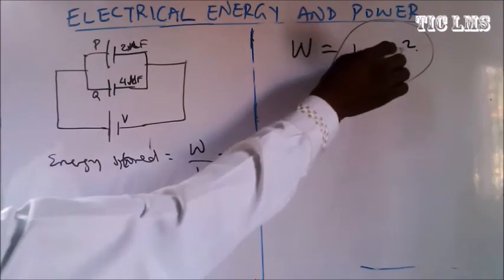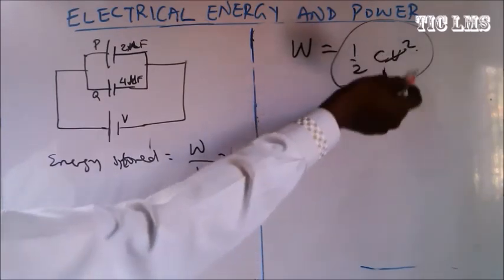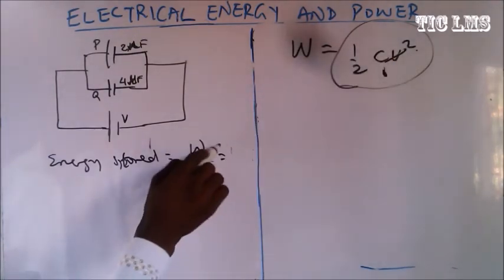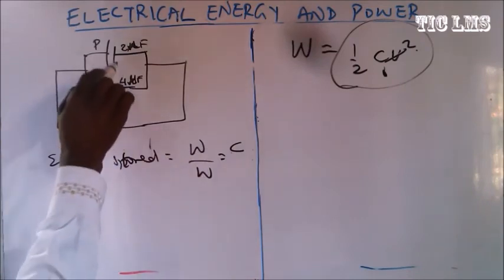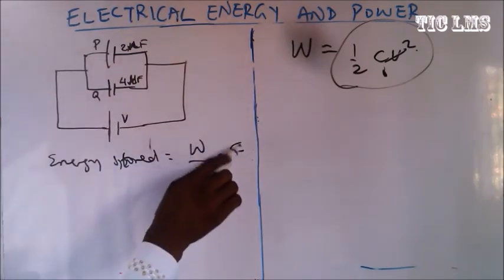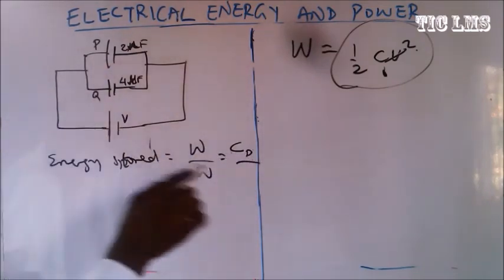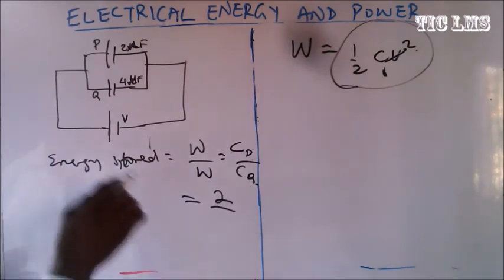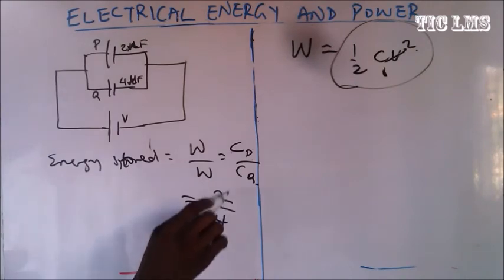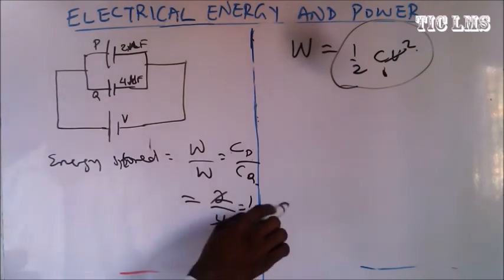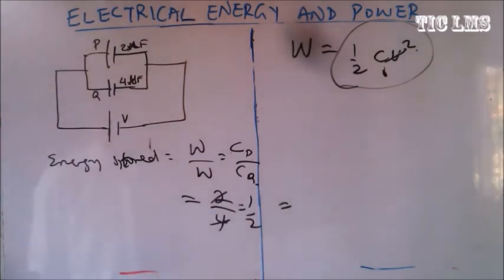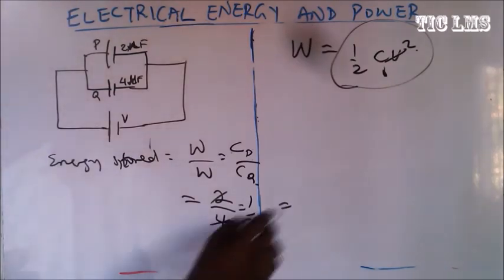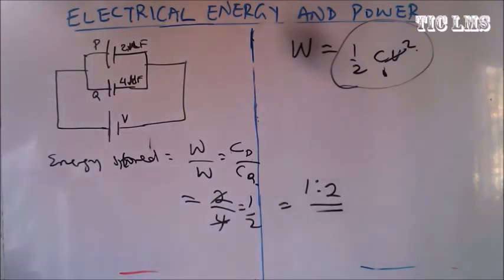So every other thing gets cancelled out, which is the voltage really, and then you are left with the capacitance for P and then the capacitance for Q. So capacitance for P is 2 and the capacitance for Q is 4. So we have 1 over 2. Hence, the ratio of energy stored in P to Q is 1:2.